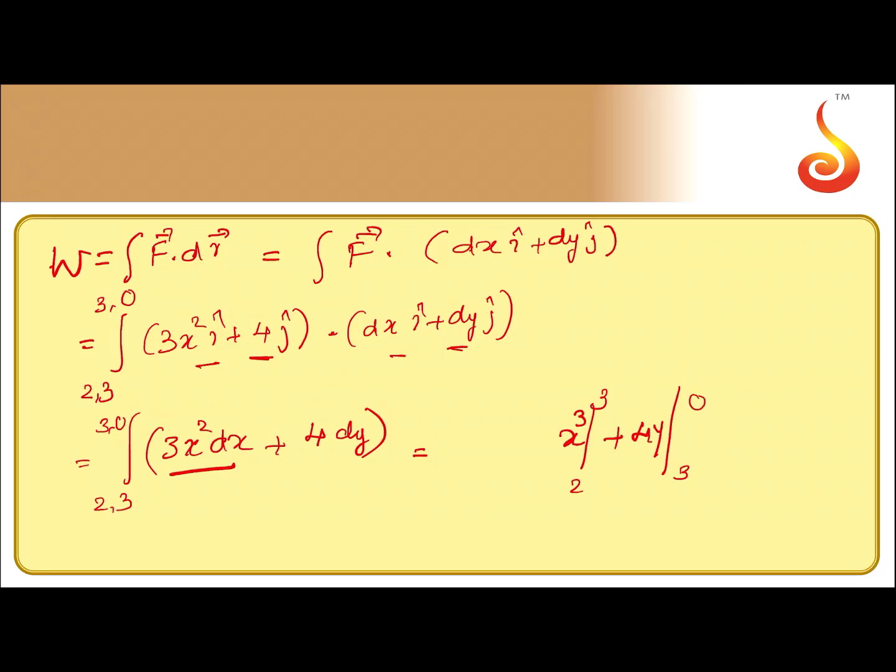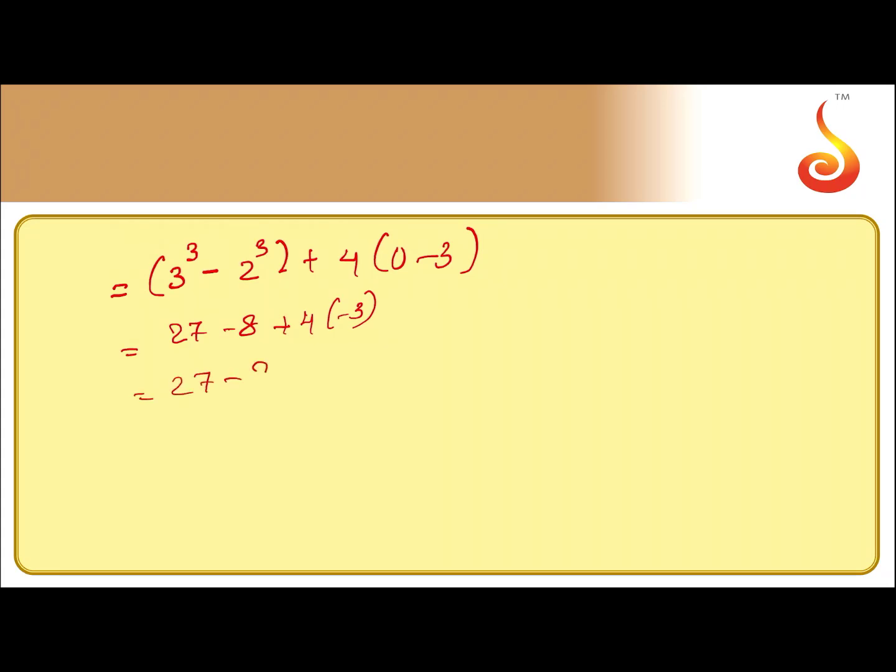If you simplify it further, this is 3 cube minus 2 cube plus 4 into 0 minus 3. If you simplify it further, it turns out to be how much? This is 3 cube, 27 minus 8 plus 4 into minus 3, that is 27 minus 8 minus 12. So the answer is 7 joules.